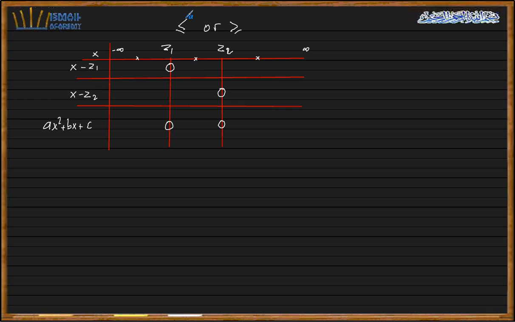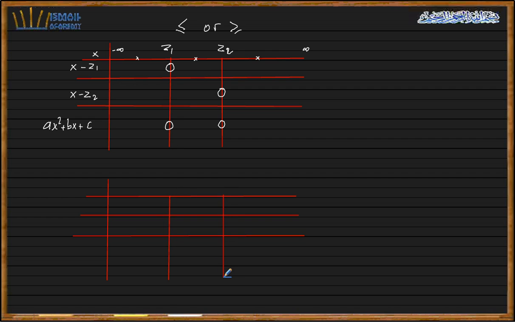If you have strictly less or strictly greater, you're going to use that type of table. It's the same table, there's no difference between them, the same architecture of the table. The only difference is the zero.